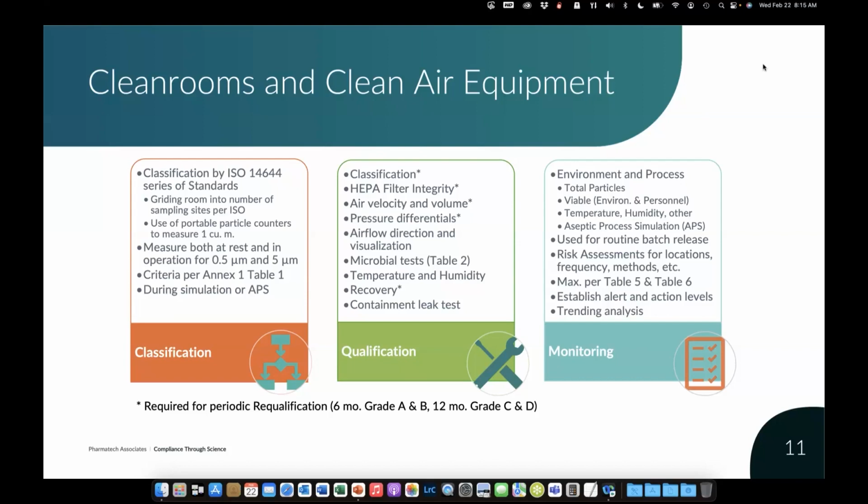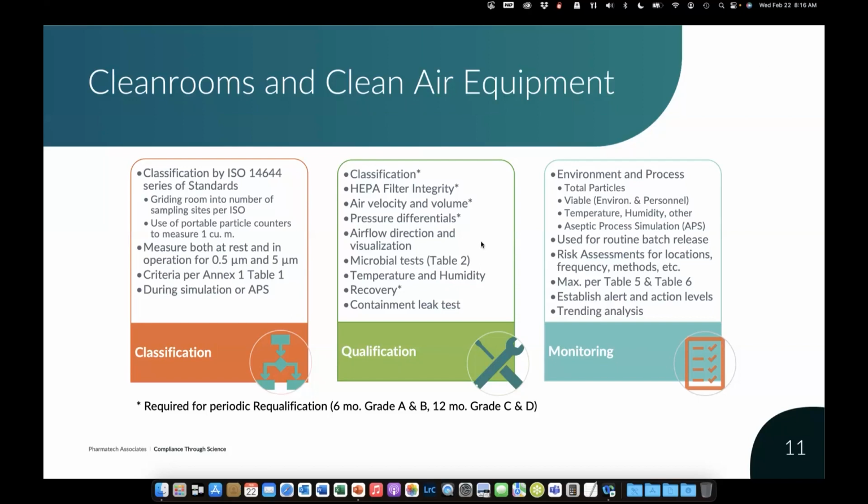Qualification also includes the filter integrity tests for the HEPAs, air velocity and volume tests, pressure differential between the different grades, airflow direction and visualization. These are what we used to call smoke studies, but they're basically some method of visualizing that the airflow is appropriate between the different grades. The microbial tests, which are listed in the Table 2 of Annex 1.